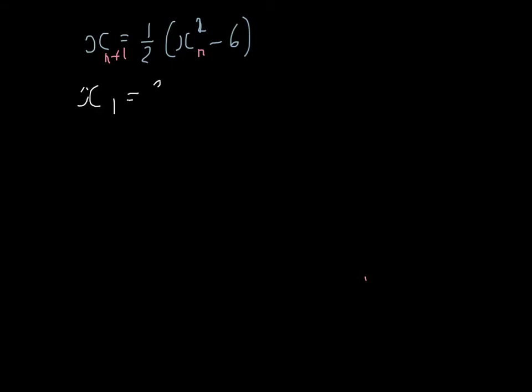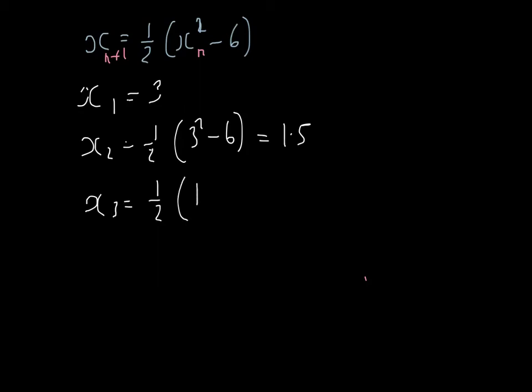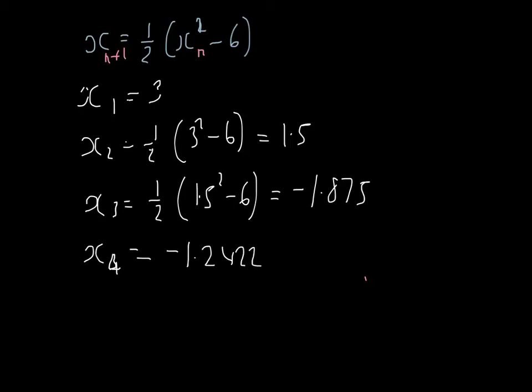So x1 equals 3, x2 is going to be a half of 3 squared minus 6, which is 1.5. x3 is going to be a half of 1.5 squared minus 6, which gives us minus 1.875. x4 is going to be minus 1.242, and then x5 is minus 2.2285.